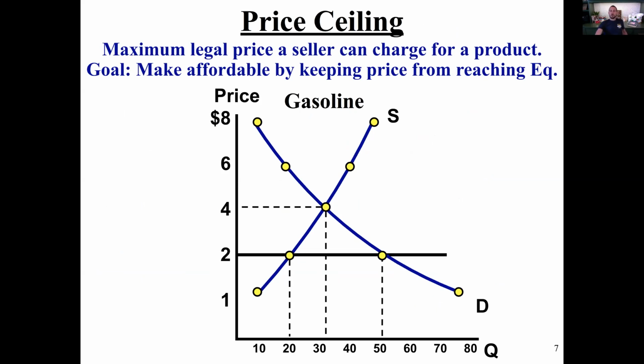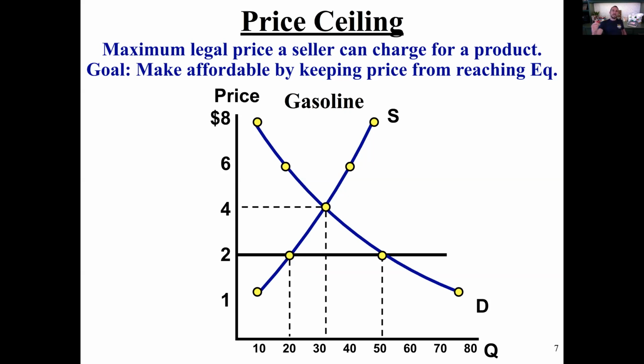On paper it seems like a good thing. The idea is we want more gasoline at a lower price, but they're willing and able to sell us less. And so the result is we're now in disequilibrium. We were buying 30 and they were supplying us 30. Now they're only supplying us 20 and we want 50. So we have a shortage of 30.